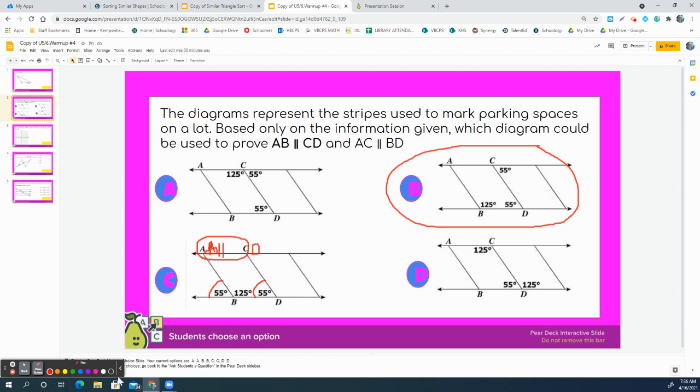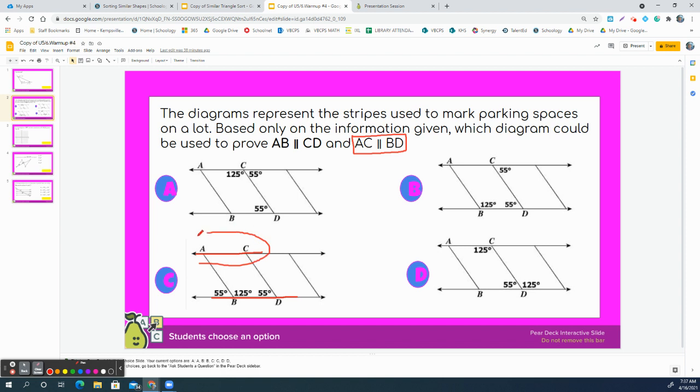So what information do you have on CD though? How can I prove AC is parallel to BD? How can I prove that? Yeah, there's nothing on this, so I can't prove AC is parallel to BD.